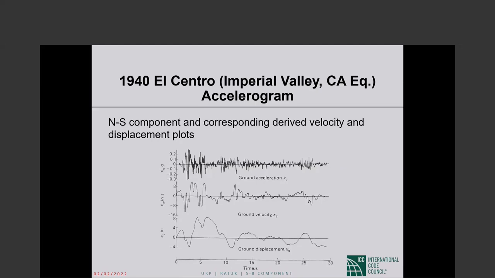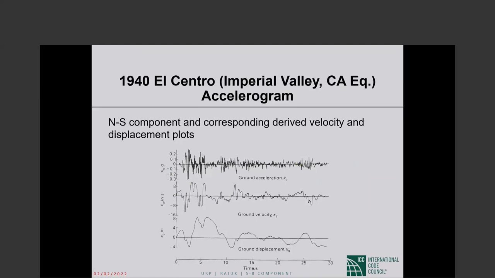Now, agencies like the U.S. Geological Survey, who record these things, also would integrate this acceleration history with respect to time, and that gives us a velocity plot. So this is ground acceleration actually measured. This is ground velocity derived by integration from the ground acceleration plot.